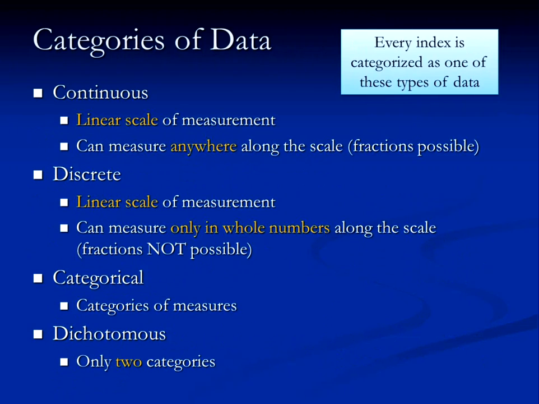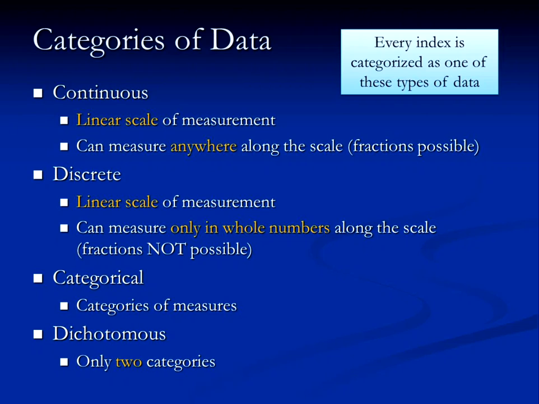In addition to having the scales of measurement, each index is also going to be categorized as one of these types of data. So it's either going to be continuous or dichotomous. So continuous means that there's a linear scale of measurement, meaning that you can measure anywhere along the scale. The fractions are possible. So let's say height.